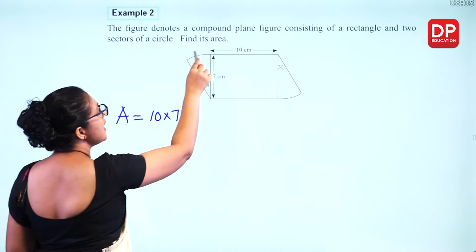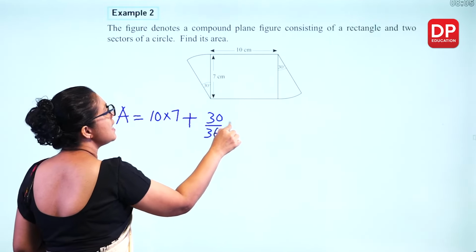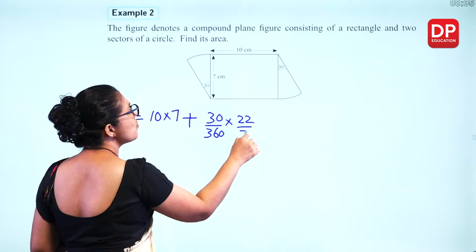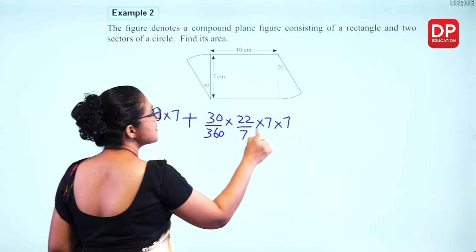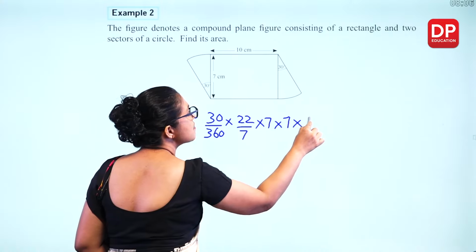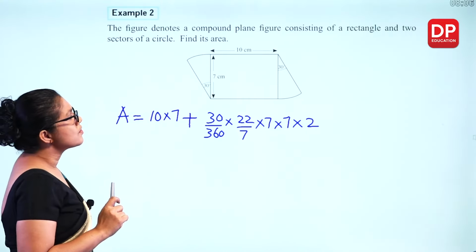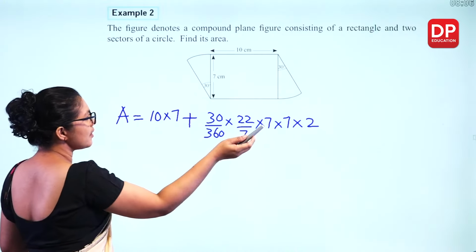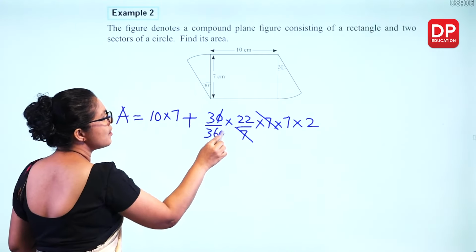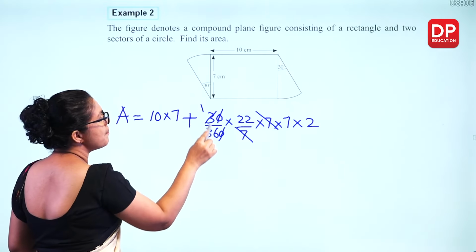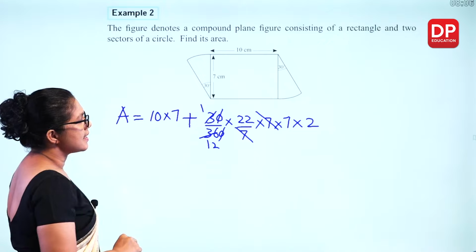I'll find the area of one sector: angle divided by 360 into pi. Pi is 22 over 7 into r squared. r is 7 times 7. I am multiplying this by 2 because there are 2 sectors. So what's the answer? You can simplify this. 7 with 7. This 0 with this 0, 3 into 1, 3, 3 times 12, 36.